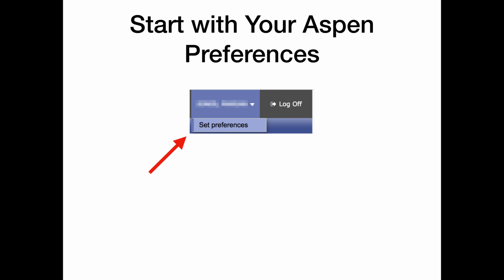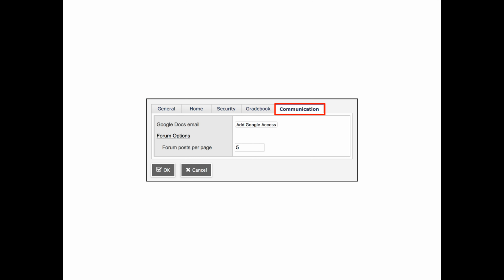So how do you begin? Well, first of all, you need to start with your Aspen preferences. Find your name in the upper right corner, click Set Preferences. Then click on the Communications tab. You'll see a button that says Add Google Access. Follow the prompts and add your Knox County Schools email address and your AD password.